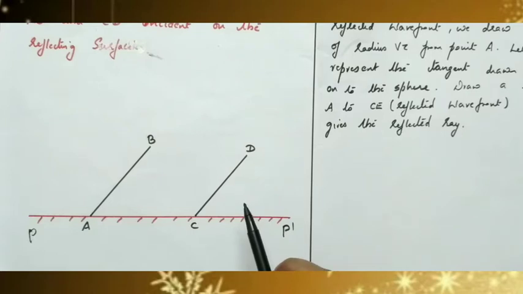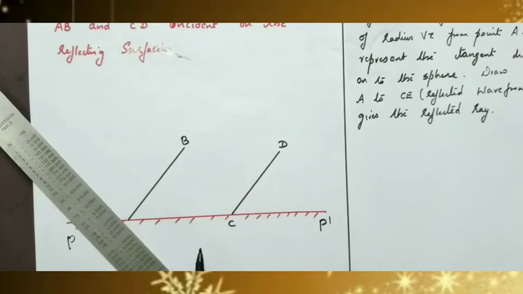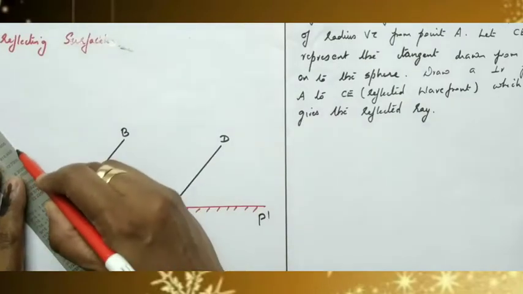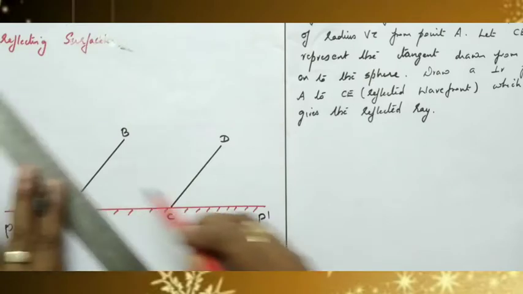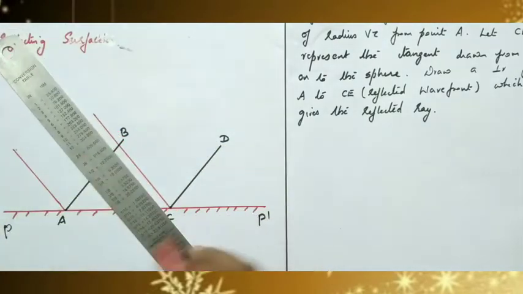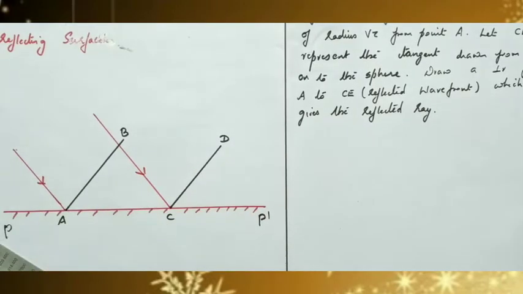Now first we can draw two rays. We know the rays are perpendicular to the wavefront. These are the two rays which are mutually perpendicular to the wavefront.